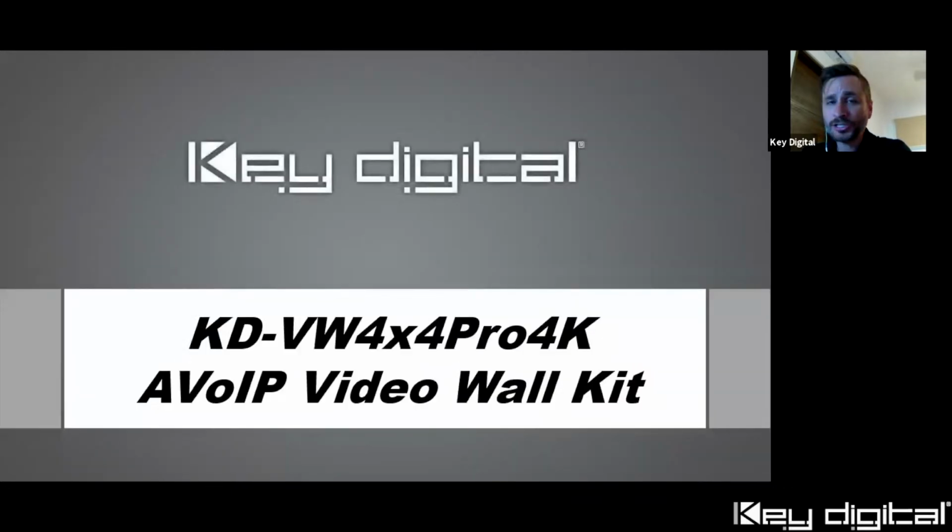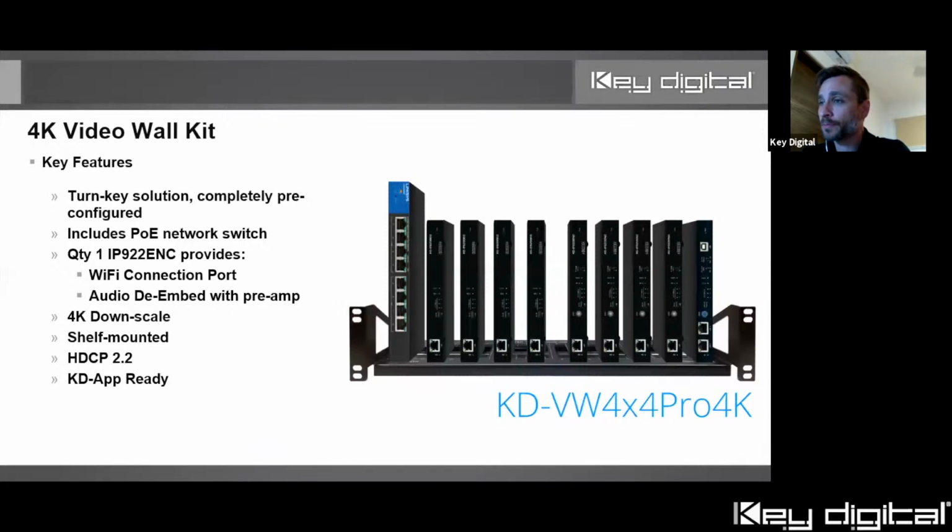Now, in addition to the 922 and 822s, we have the VW 4x4 Pro 4K. This is a video wall kit that basically, if you just want to do a video wall, which is extremely popular in sports bars right now, you could plug your 4 encoders in. It includes the network switch. Of course, everything is pre-configured.